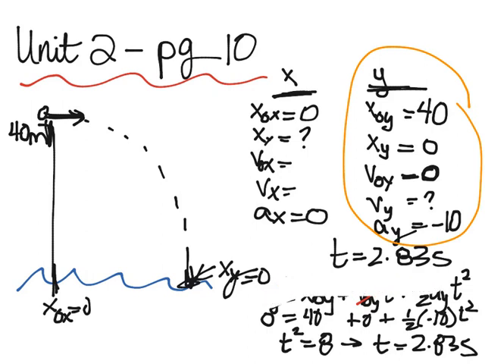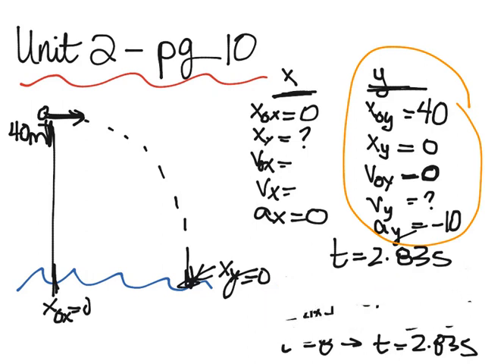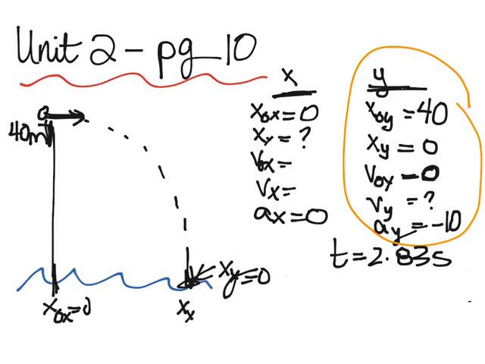Okay, and in the second part, we want to know, if the lemmings land 10.1 meters from the cliff, so xx is equal to 10.1 meters, how fast were they going as they ran off?